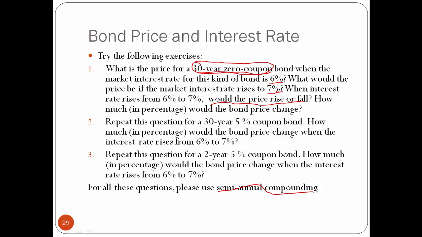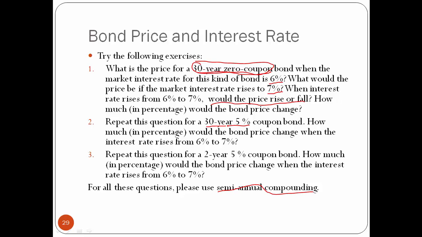And then you may want to repeat this question for a 30-year 5% coupon bond. You notice between question 1 and 2, both are 30-year bonds, so they have the same maturity, but apparently one is a zero coupon bond, the other one is a 5% fixed coupon bond.